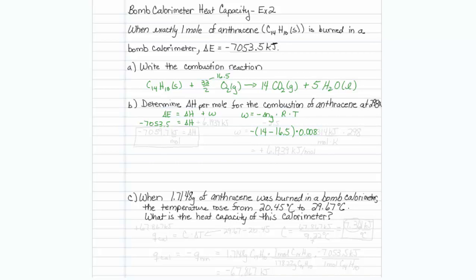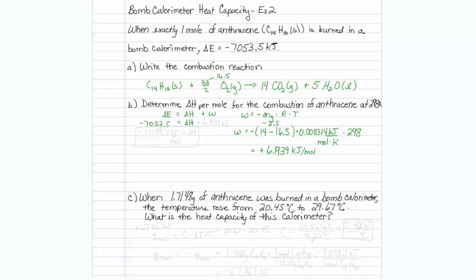times R, and I will keep it in kilojoules since that makes my life easier, per mole gas Kelvin, and we're working at 298. So, typing that value in, a minus gives me a plus, right, because this is a minus 2.5, so eventually my value comes out to be a positive 6.1939 kilojoules per mole of reaction.